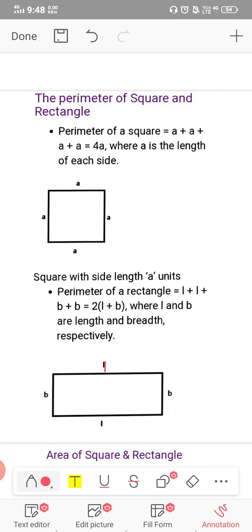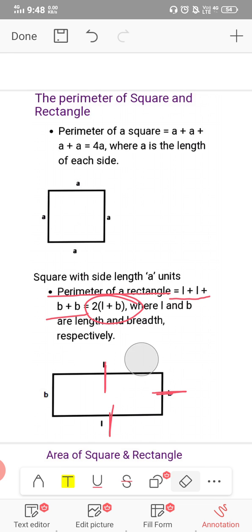Here we can see that this side is equal to this side and also parallel. This side, the breadth, is also parallel and equal to its opposite. So the perimeter of a rectangle is L plus B plus L plus B. That means 2 times (L plus B), where L and B are the length and the breadth of the rectangle respectively.